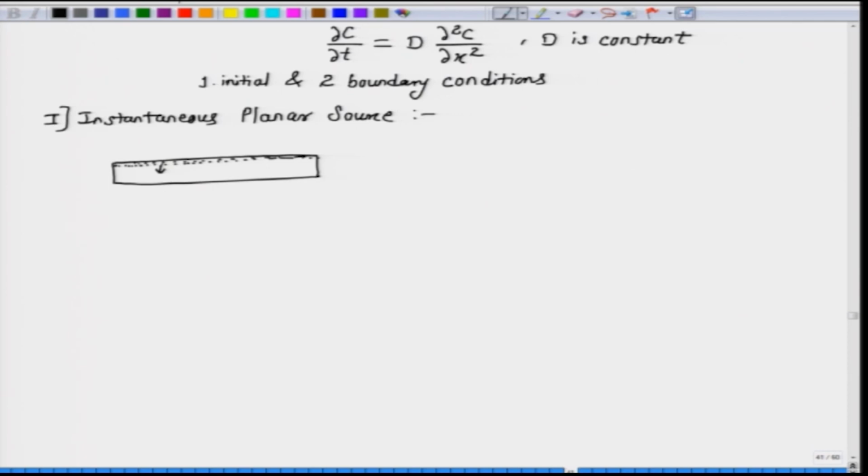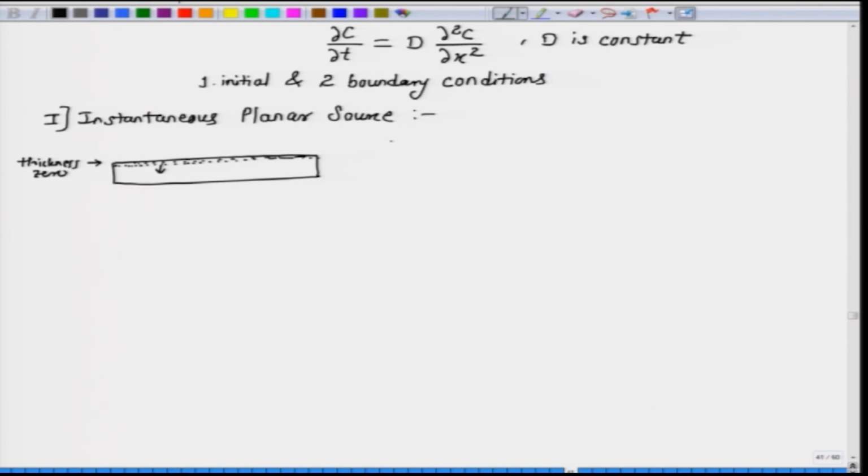Right. And that is 0 everywhere except on the top surface, and the surface layer which is deposited is extremely small. So, for the purpose of solution we assume that the thickness of the layer is 0.